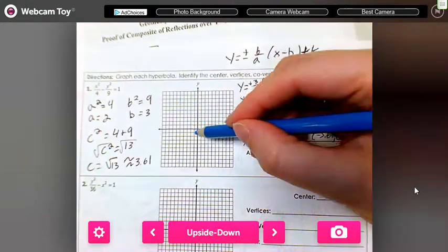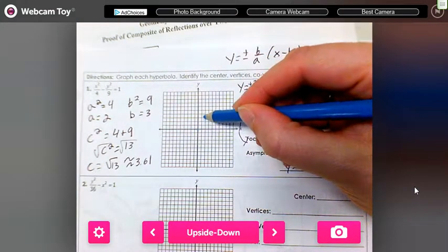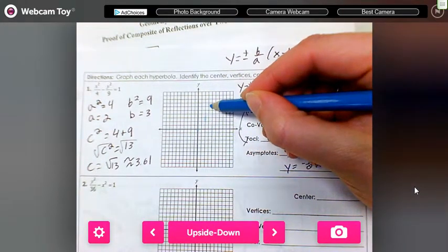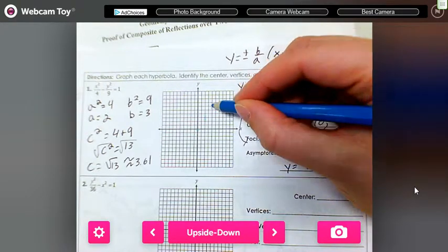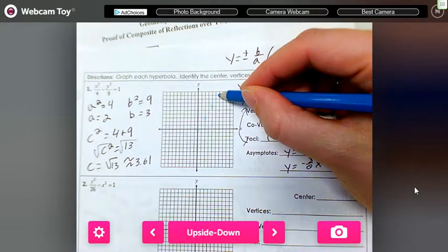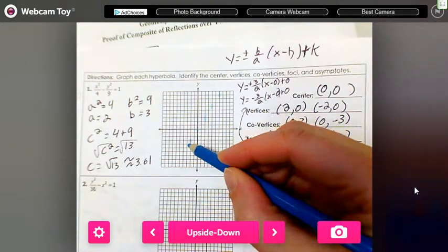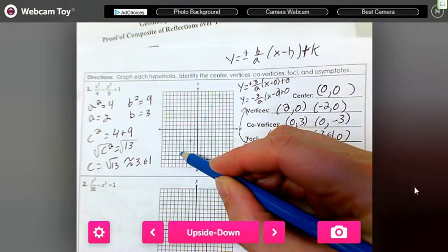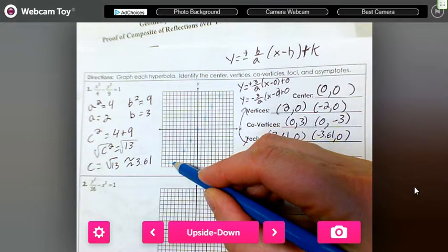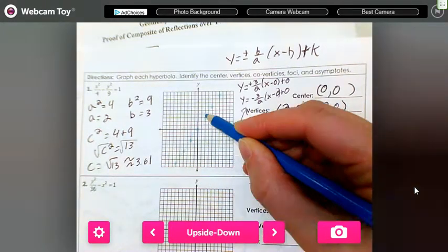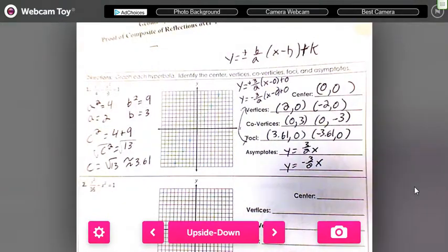And then I'm going to go up 3 over 2, up 3 over 2, or down 3 over 2. Right there. That's my first asymptote.